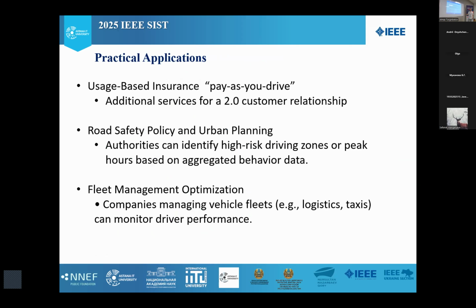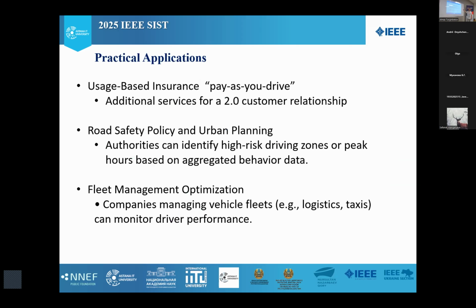So with this system, how can you use it? We can use it for insurance, with pay as you drive, because we want a good driver not to pay the same as a risky driver. You pay your insurance according to how well you drive.